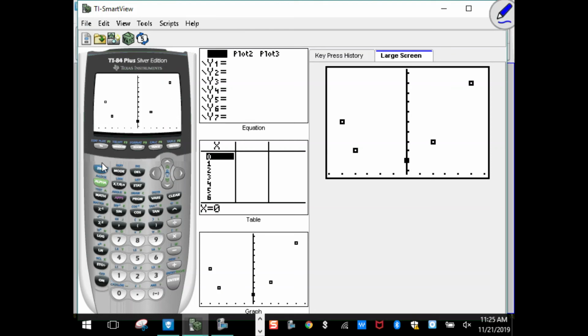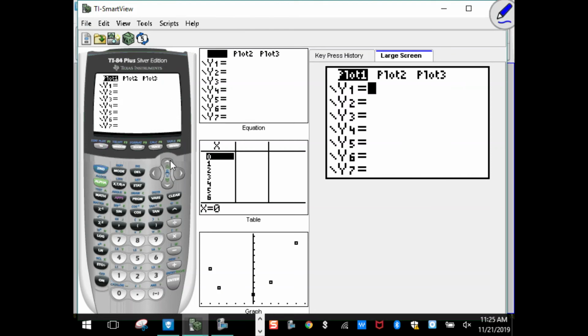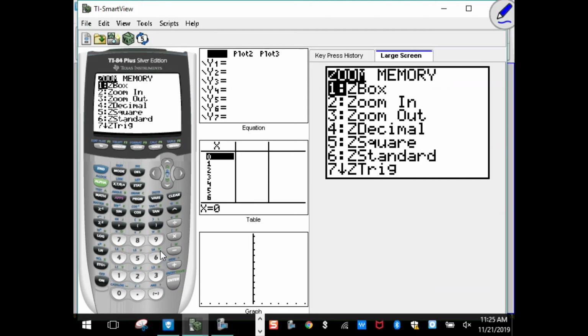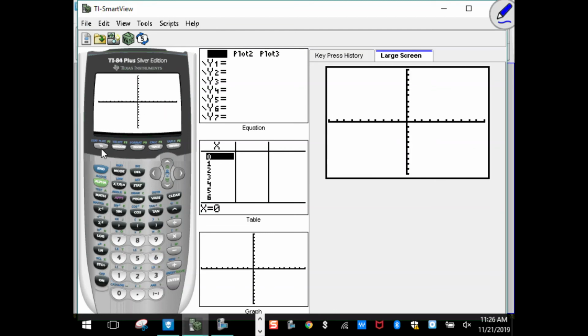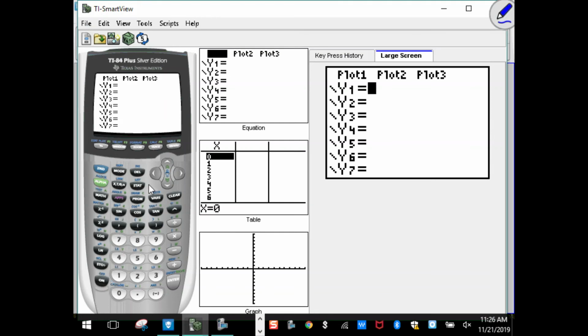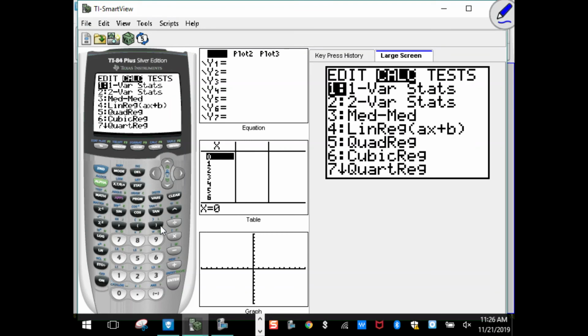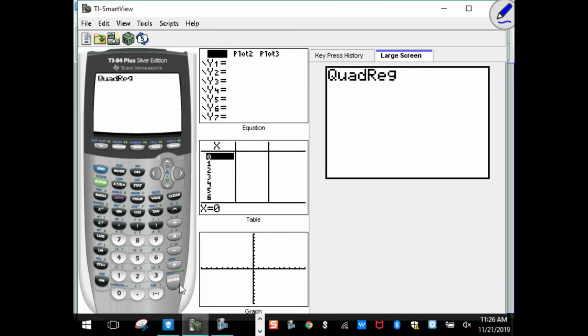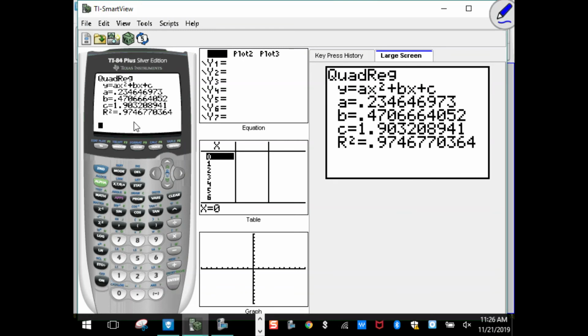Once you're done with that, it's a good idea to turn plot 1 off again, because if you have plot 1 on when you're trying to do other things, and then maybe hit zoom 6 to recenter it, that will undo everything that you just did specifically for this question, and sometimes it gets confusing when you try to use it for other things and it's in that setting. So just undo all of that once you've determined it's quadratic. Then I'm going to go to Stat Calc 5, because it was a quadratic function, and push Enter. And all of these numbers should be the same as what you would find if you used Desmos.